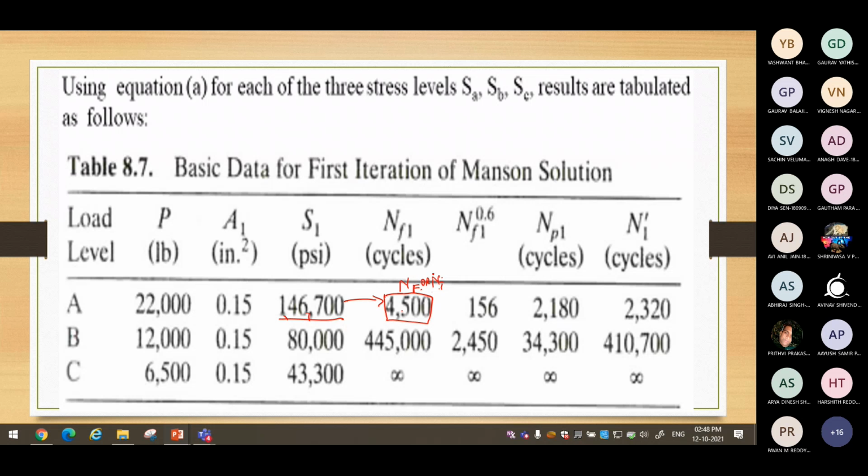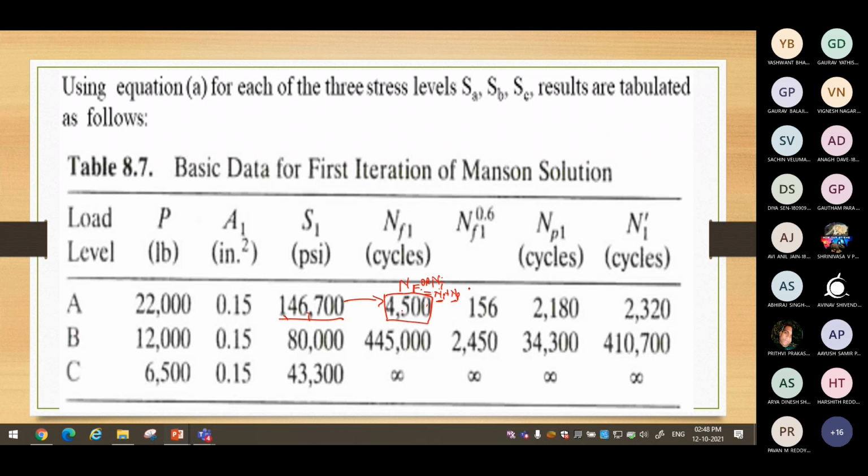It is a summation of initiation and propagation, so NI plus NP. This 4,500 cycles consists of initiation cycles and propagation cycles. So out of 4,500 total life, how many cycles for initiation and how many for propagation, you have to calculate.